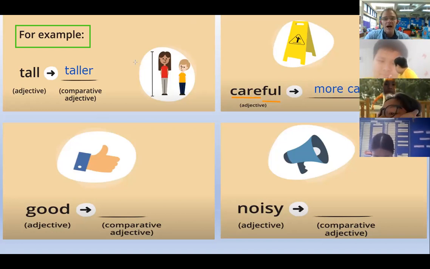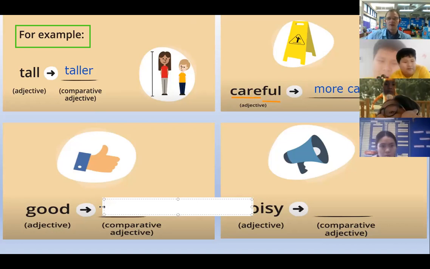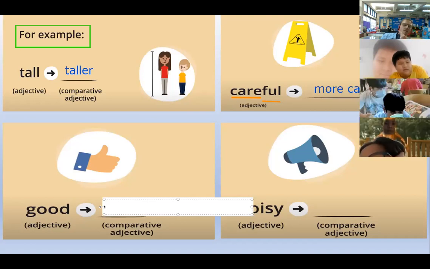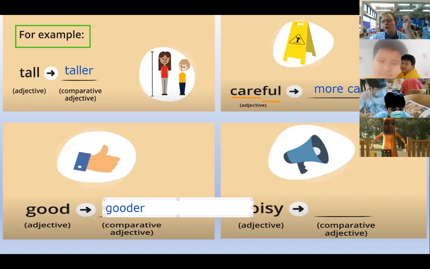The next one, good. What does good become? What do you think the answer for good will be? Better. Are you sure? What about gooder? Is that not an answer? Better, yes. Gooder is not an answer.